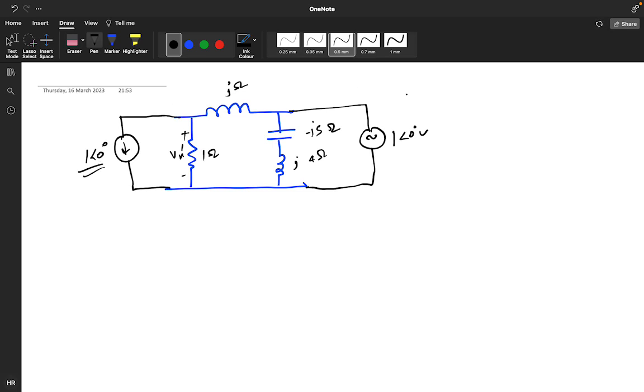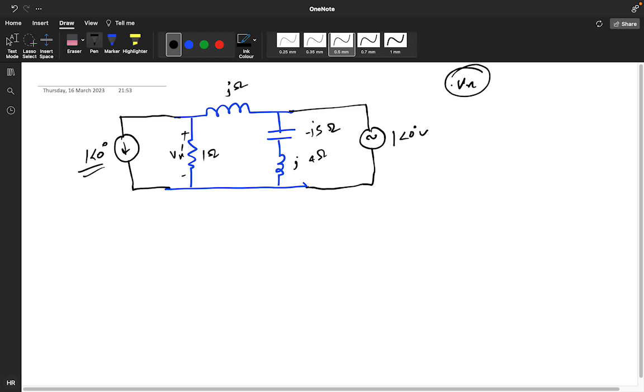Now you need to find the value of Vx. So how can you do this question? Same thing, apply the superposition theorem.